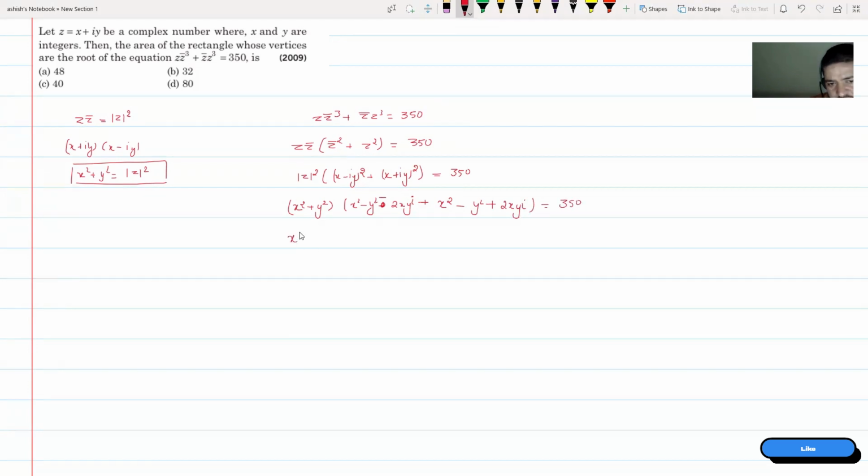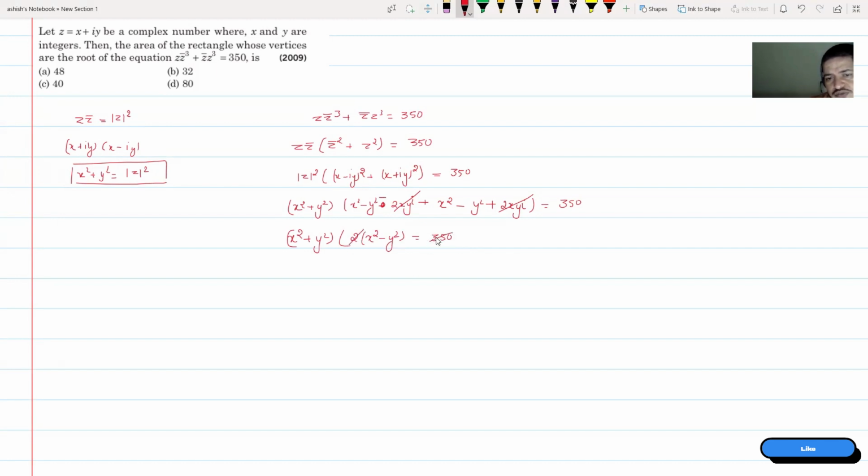Now, if you solve further, you will get x square plus y square, and the minus 2xyi cancels with plus 2xyi. We get 2 times x square minus y square, which is equal to 350.